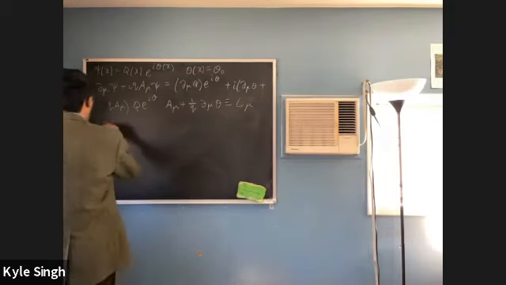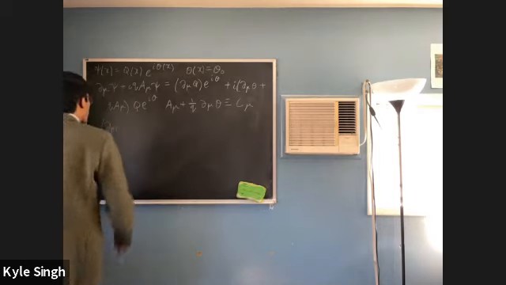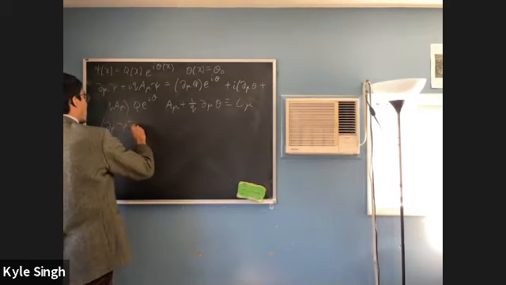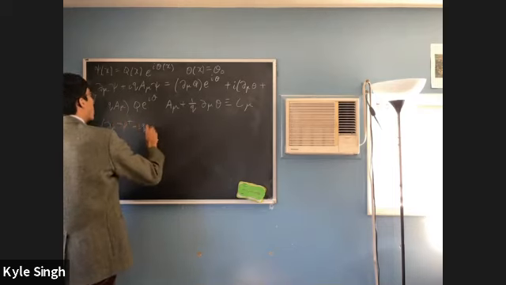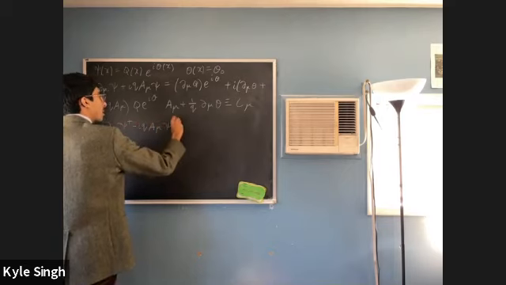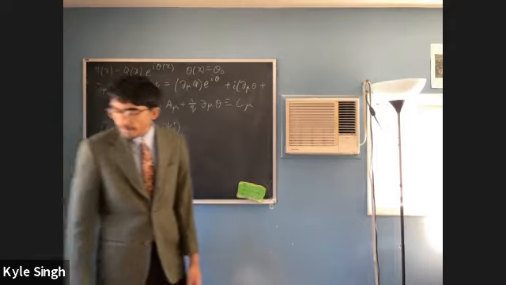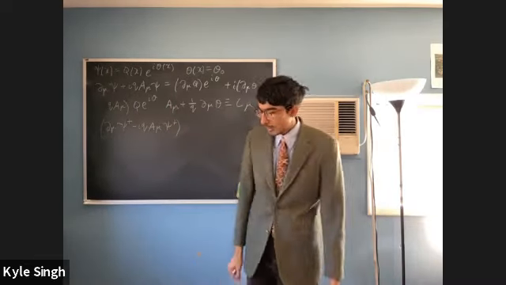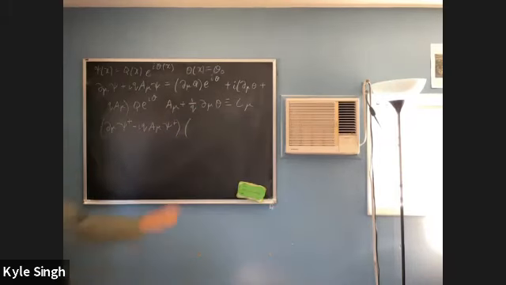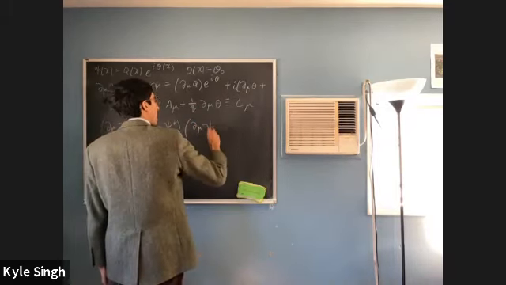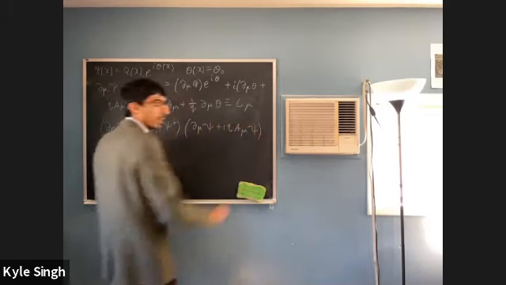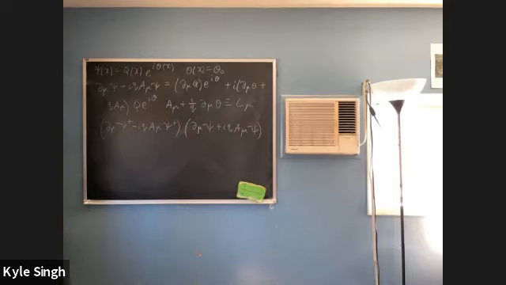Now my Lagrangian, and you can work out the algebra, is going to be d mu psi dagger minus i q A mu psi dagger, right? Now I just need the second term, d mu psi plus i q A mu psi. That's just the second term in the Lagrangian.